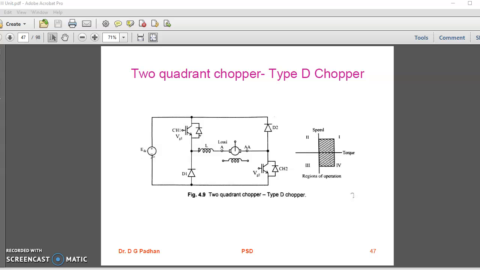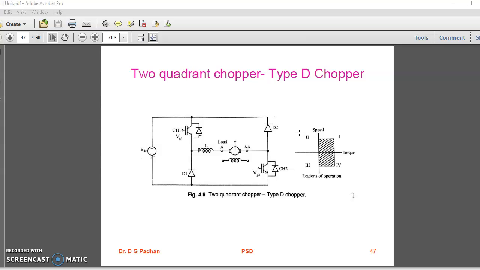The basic power circuit of this type D chopper is shown in this figure here. This chopper is used for operating in the first and fourth quadrant. For example, a lift going up has positive torque and positive speed, but while coming down the speed is negative but torque is positive to limit the speed.